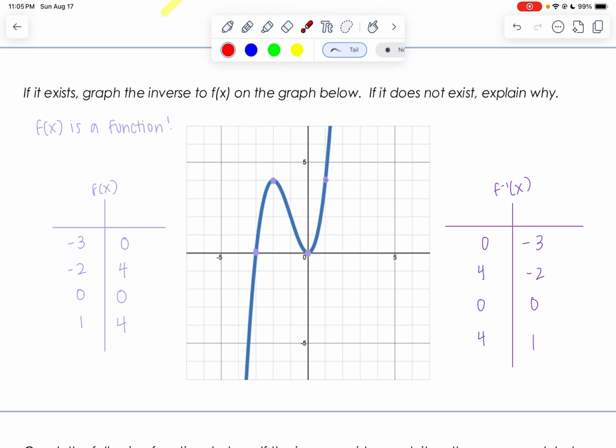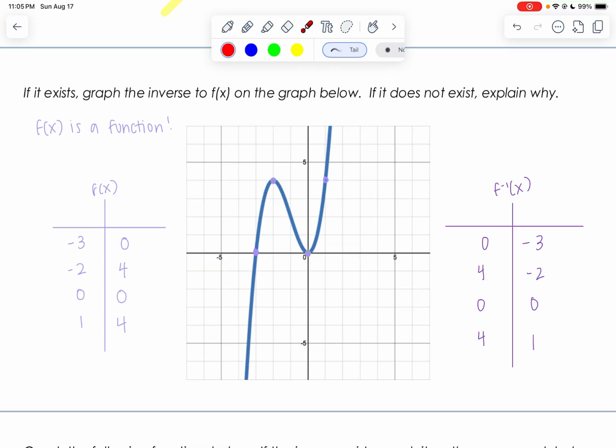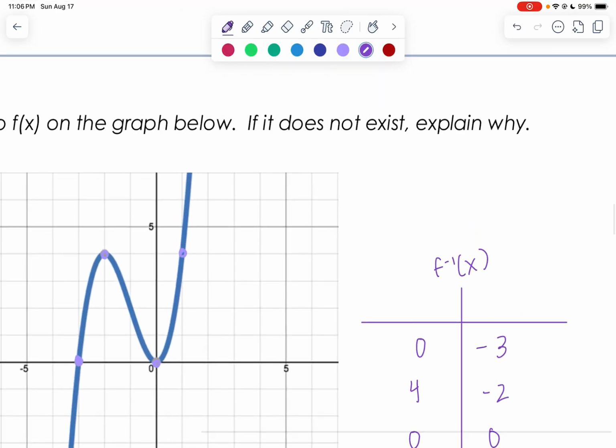And you could look on your graph and see it's not going to pass the horizontal line test because all of these values here are going to hit here, and you're going to have multiple outputs for each input. So the inverse is not a function. So what that means here is that it's not 1 to 1, because only f of x was a function, not the inverse, which means that the inverse does not exist.